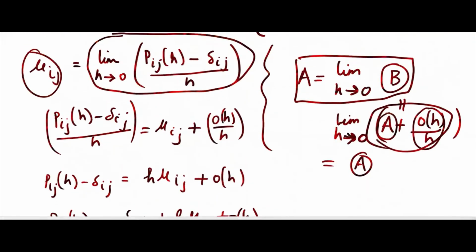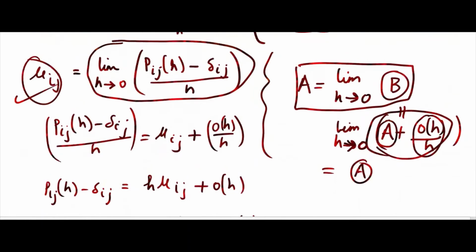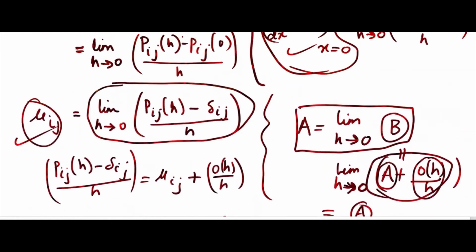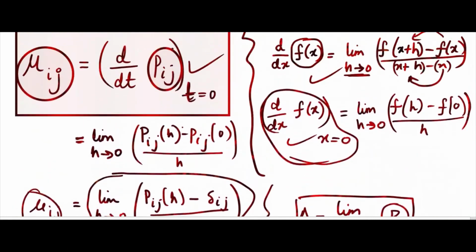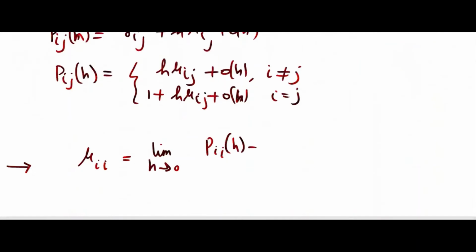Remember, we started with mu ij, now we'll go to mu ii. Mu ii, that is limit h tends to 0, Pii, the same thing, I'll replace j by i here, Pii minus, okay, we'll use this one, Pii 0 by h.